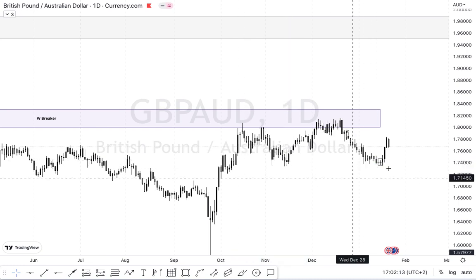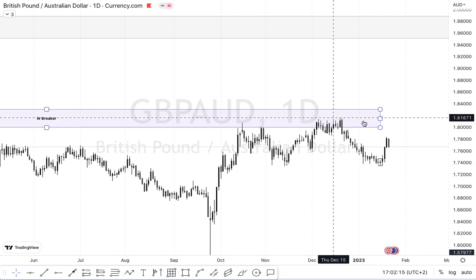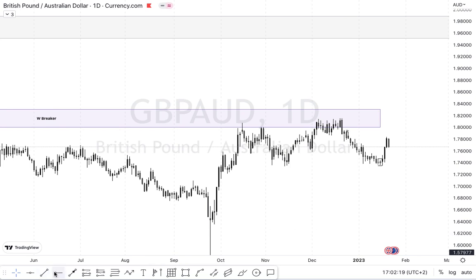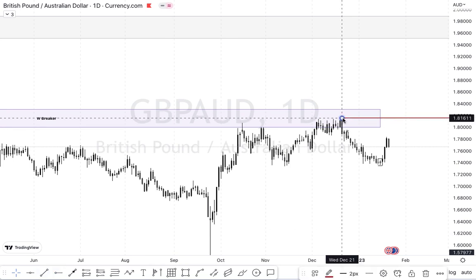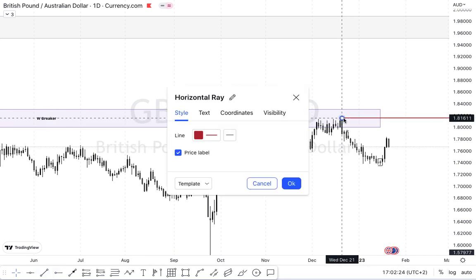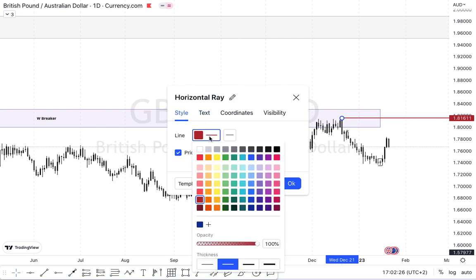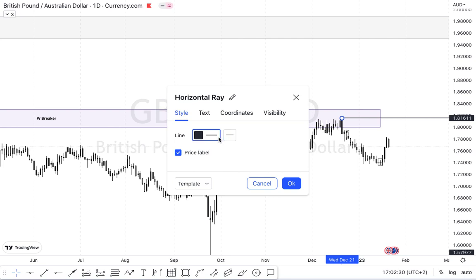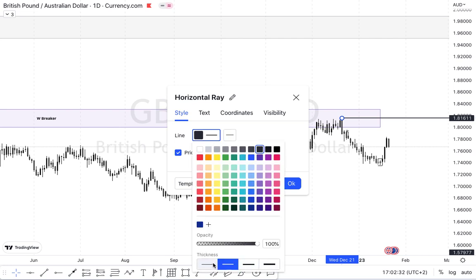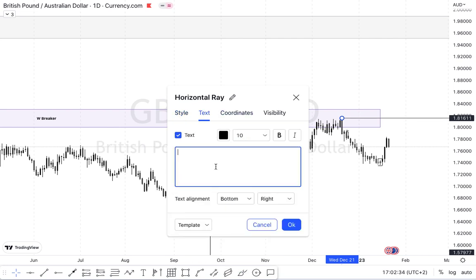And once that has happened, we expect the price should at the very least take these highs. And so I'm just going to mark that out as a targeted area for our initial partialing area for our buys.